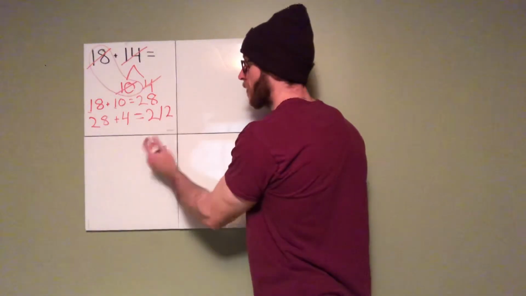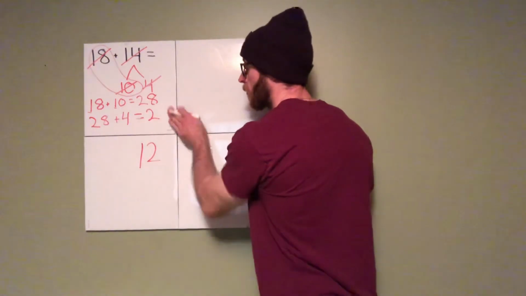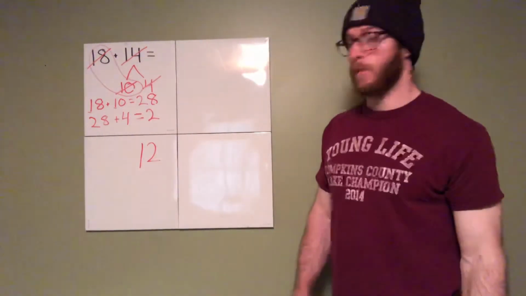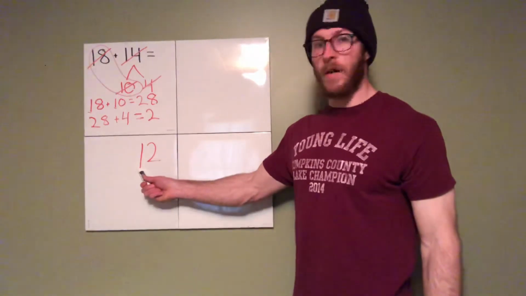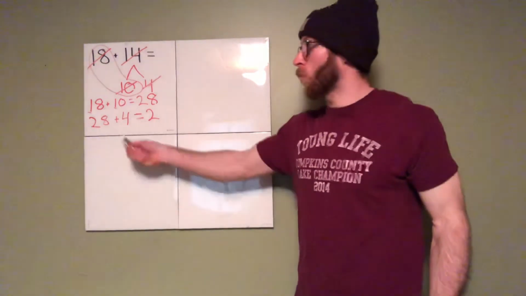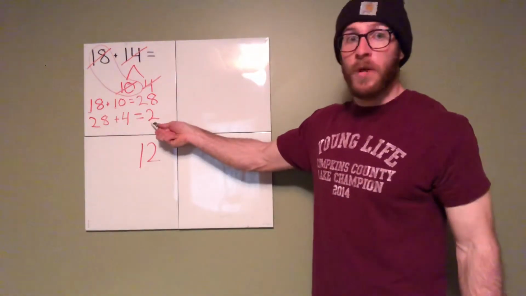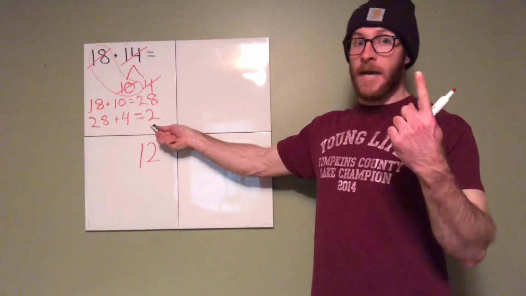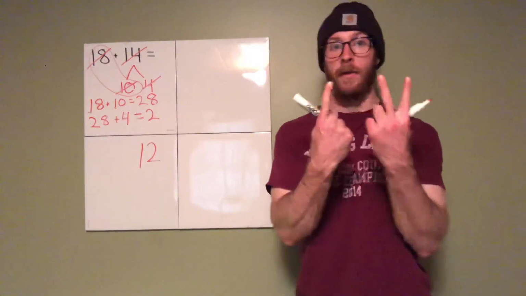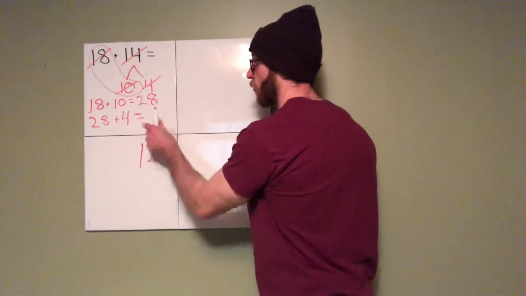How many 10s are in the number 12? There's 1. So we made another group of 10 when we added on the ones here. So I'm going to have to switch this 2 and add one more group of 10. What's 2 plus 1? It's going to be 3. So now we have 3 10s.